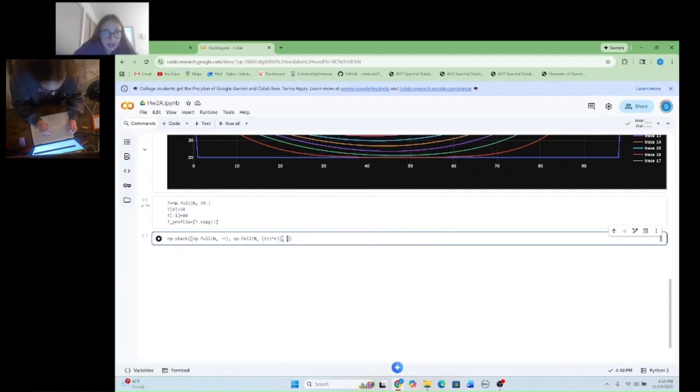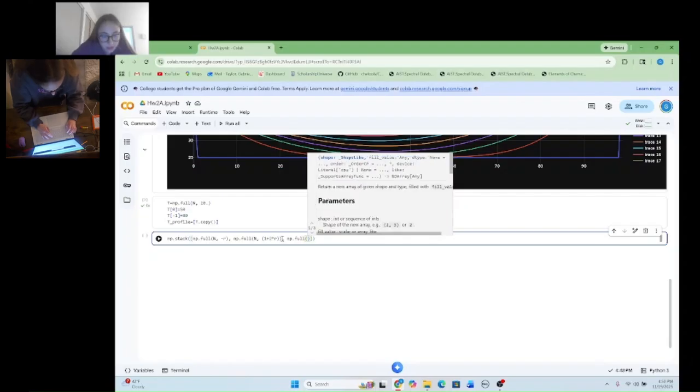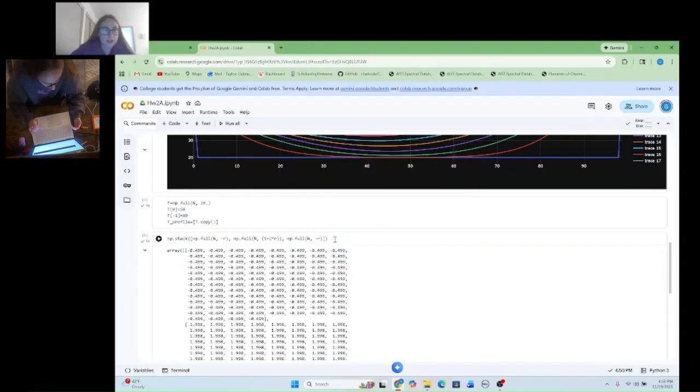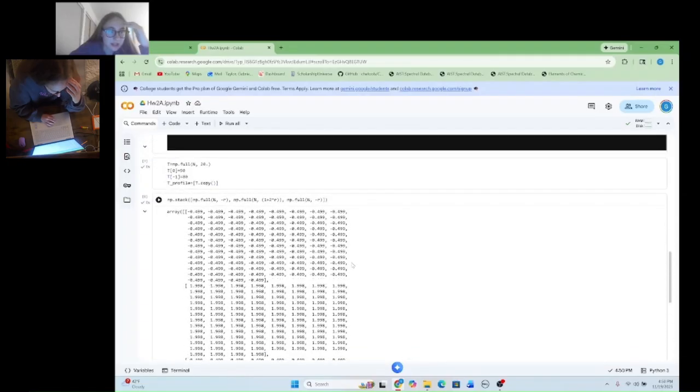And then the last one, np.full, and then negative r, right? So let's look at this. So yeah, this is good. This is giving us different values.